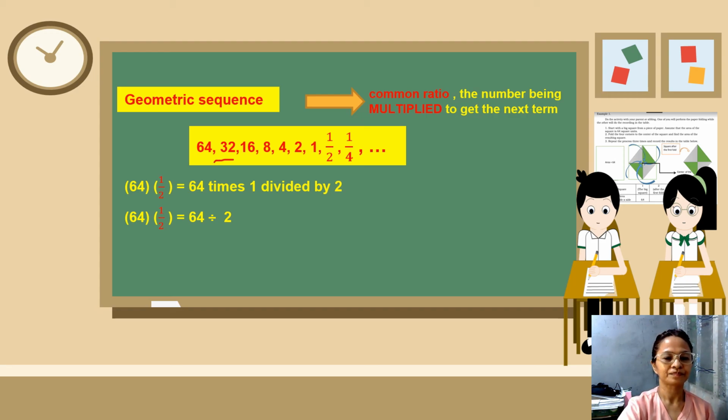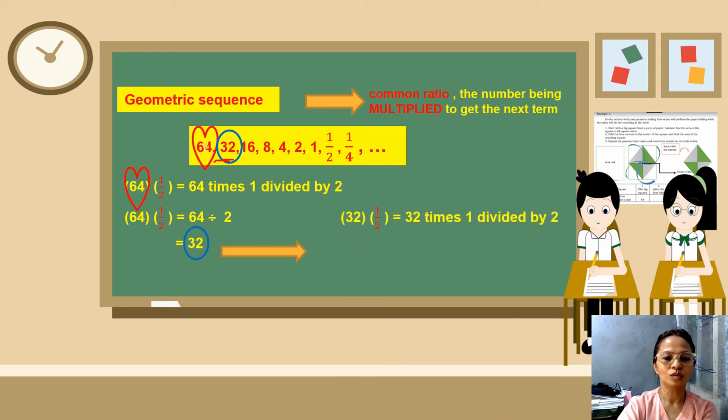second term. So 64 here is multiplied by 1/2 to get the next term, which is 32. And then 32 multiplied by 1/2. To simplify this, we multiply 32 times 1 and then divide by 2. The answer is 16, which is the next term.